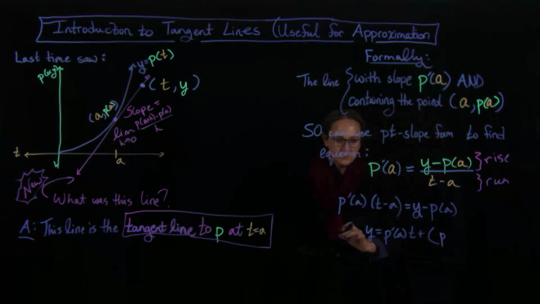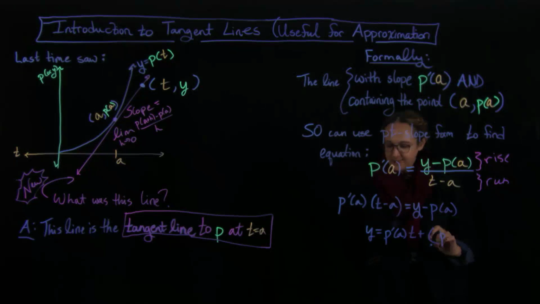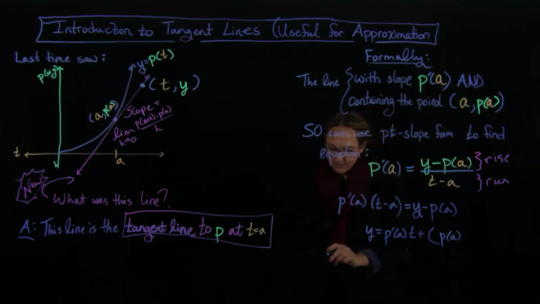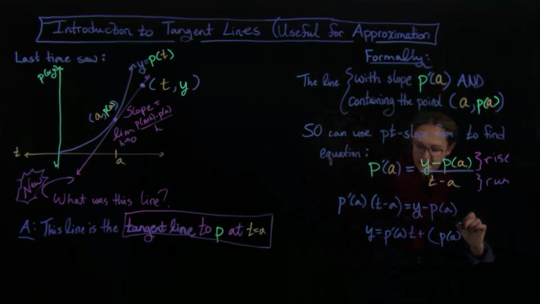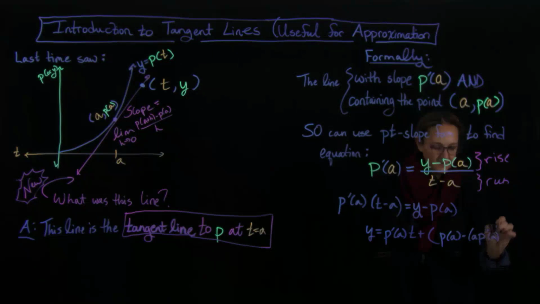There's some distributing that goes on here. So I'm doing a lot of steps at once, so maybe try to work through those on your own to make sure that you are following along. And then I have minus a times p prime of a.